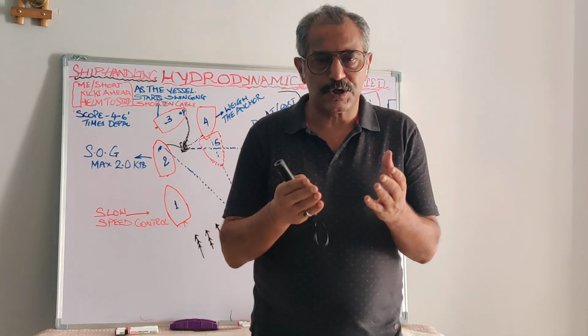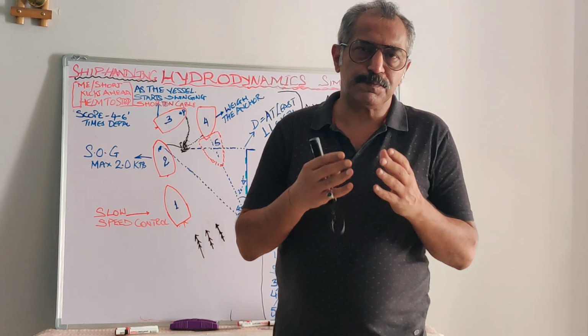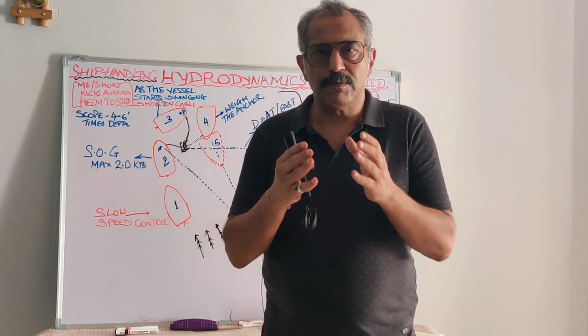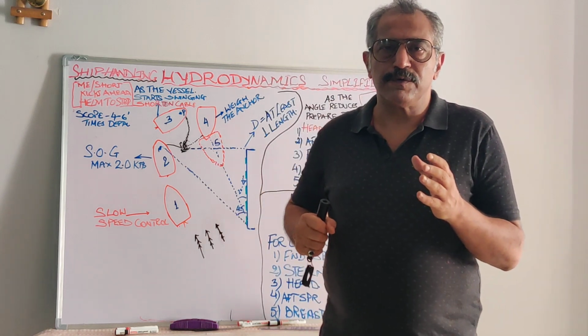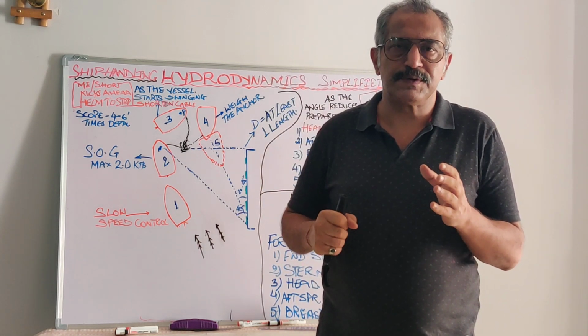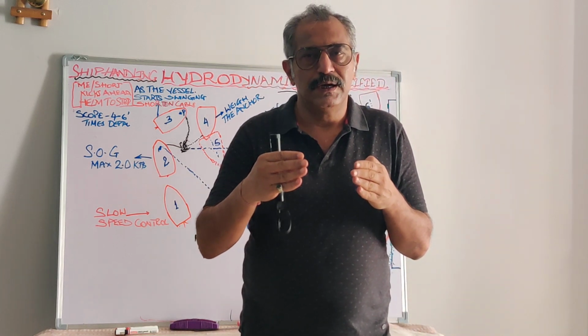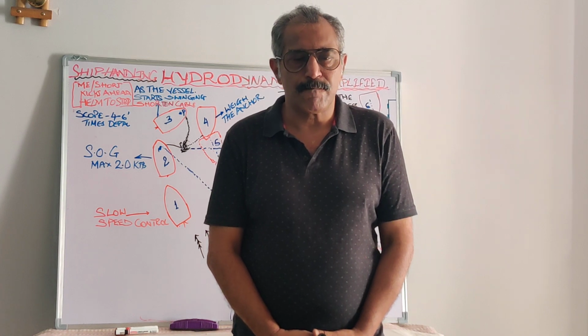If you are going at a slow speed, you can always increase the speed. But to reduce the speed, I'm not talking about the emergency, but under the normal given circumstances, you will have to give an equivalent amount of stern thrust, and sometimes given the time duration or the proximity of the danger, it may not be possible, and that's how the calamities start happening.